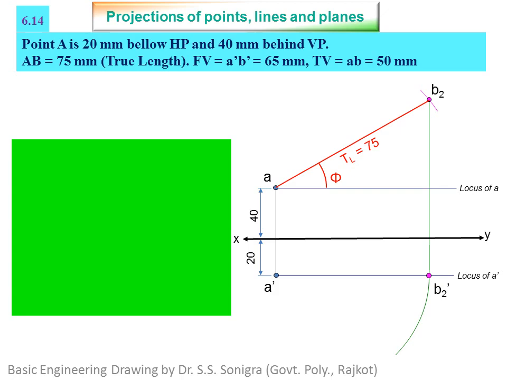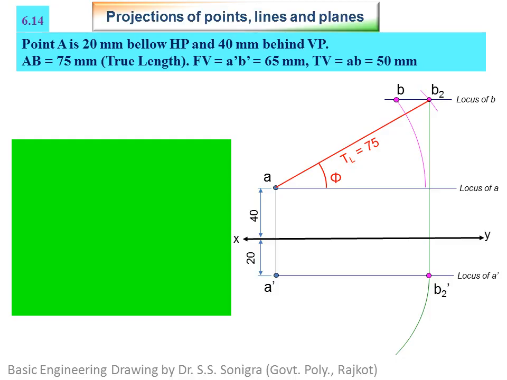So the angle of true length in top view with the XY line is angle phi, and draw the locus of point B2, that is the locus of point B. Now what should we do? Length of top view is given, that is 50 mm. So take 50 mm as a radius, A as a center, and draw an arc. That arc will cut the locus of B at this point, that is point B.